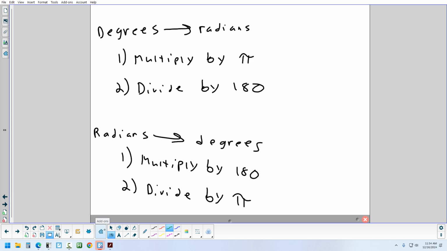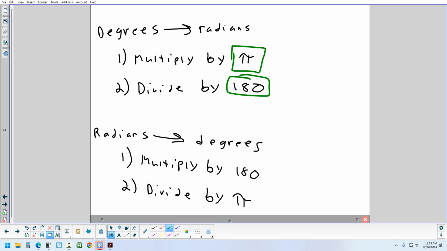So you want to be able to remember that. Well, the way we can remember it is like this. When you see the number 180, I want you to think degrees. I just want you to have that kind of connection in your head. See 180, think degrees. When you see the number pi, I want you to think radians.